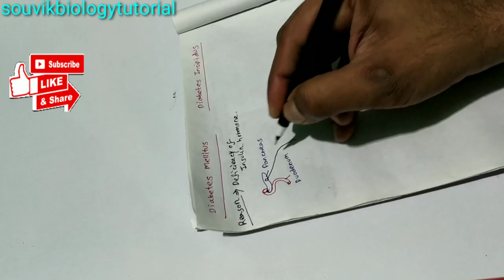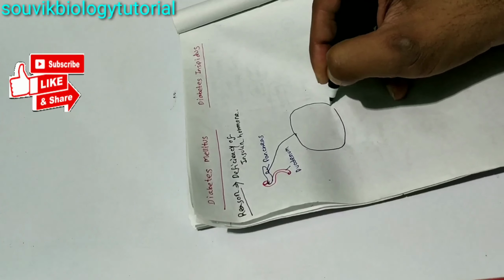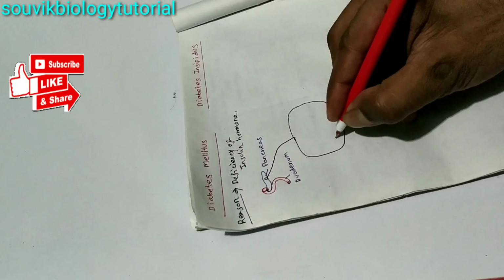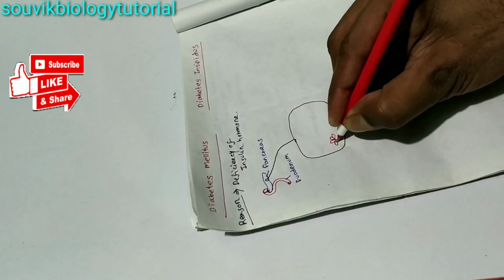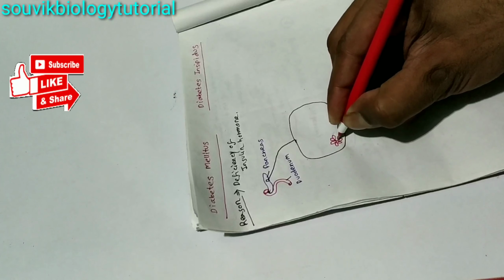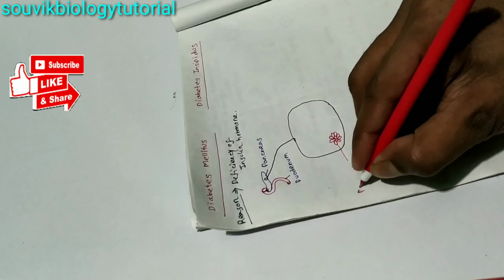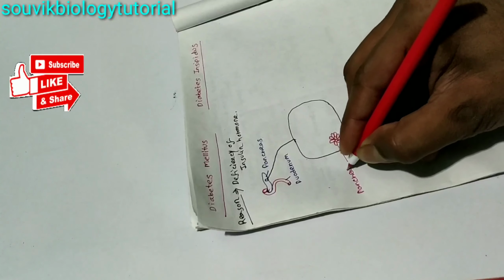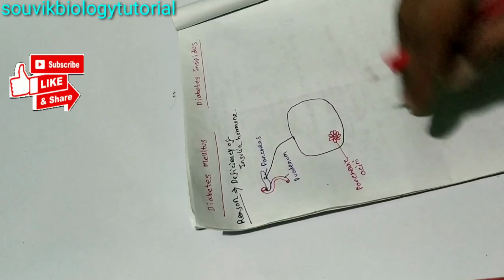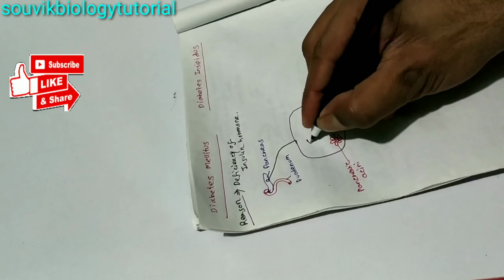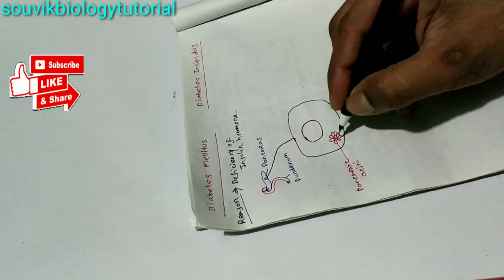Now, if we take a cross section of it, then we will find this is the structure of the exocrine part of the pancreas. This is the pancreatic acini. And this is the endocrine part, this is the exocrine part, right?